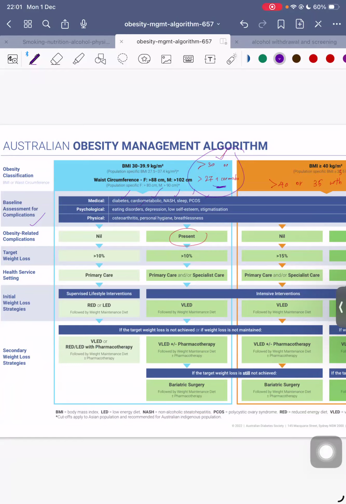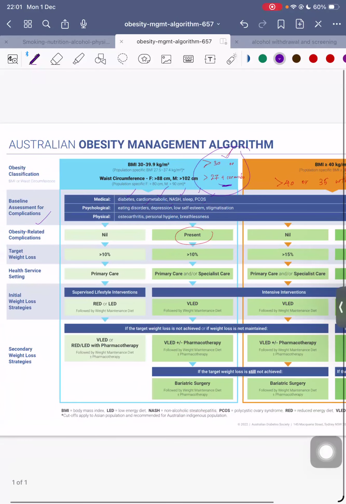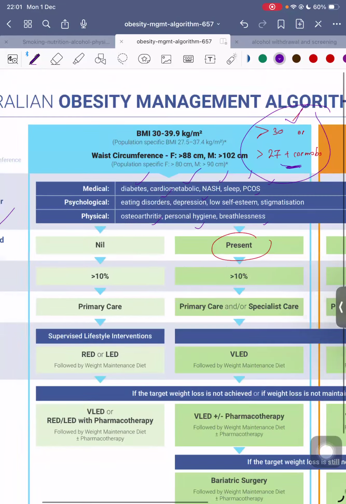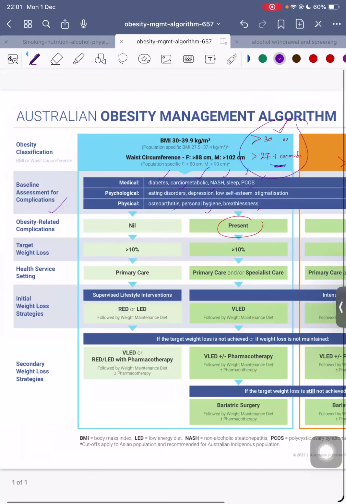Psychological: eating disorders, depression, low self-esteem, stigmatization. Physical: osteoarthritis, personal hygiene, breathlessness. Okay, just remember some of these.